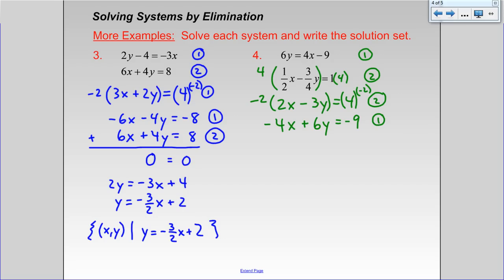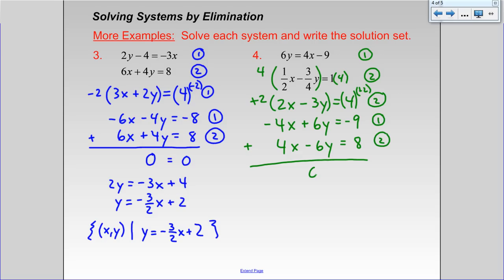If we do so, our new version of equation 2 will say, actually let's multiply by positive 2, in order to obtain positive 4x minus 6y equals 8 for equation 2. Now we do have opposite coefficients for our x's, negative 4 and positive 4. For our y's, positive 6 and negative 6.